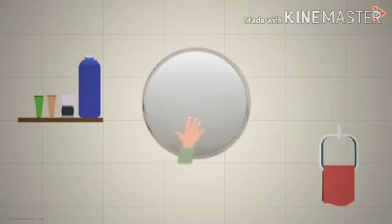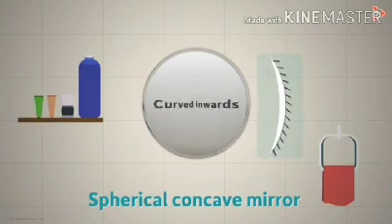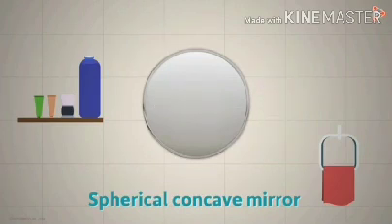This is called a spherical mirror, or more precisely, a spherical concave mirror. It is curved inwards. It is kept there as we use it mostly when we are shaving.